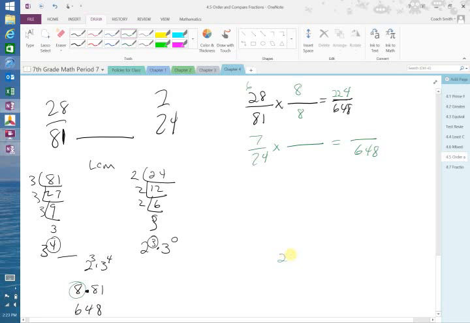Let's see. 27. Multiplied by 27. So 7 times 7 is 49, carry my 4, 7 times 2 is 14 plus 4, so that's 189. So which is bigger, 224 or 189? 224. So the greater than sign.